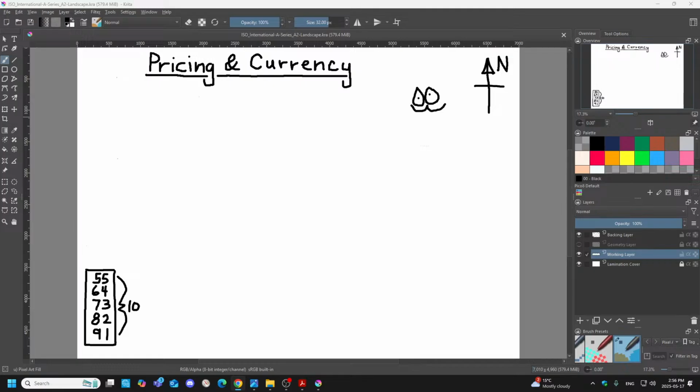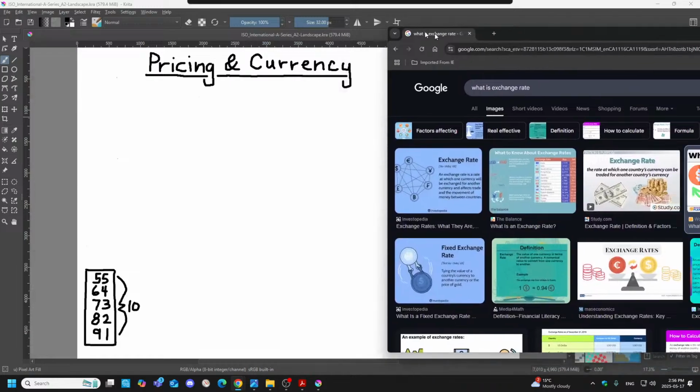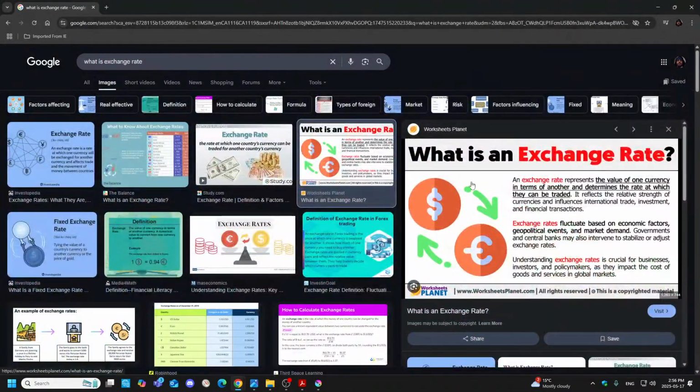So let's say, I don't know what we want to use, for example. Let's see if this will work. I'll just share this, I guess. But one currency, let's say it's US dollars to lira, British money, or whatever, for example.